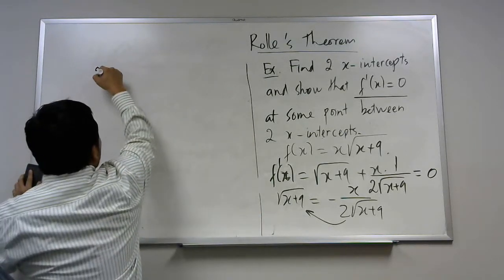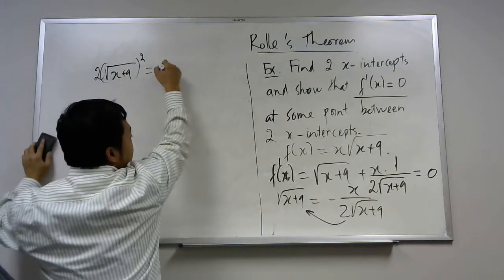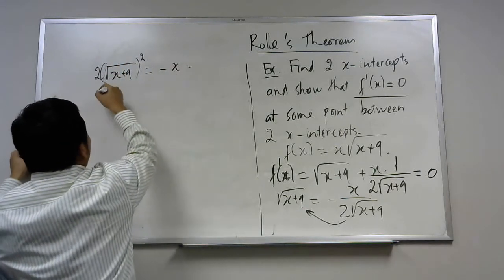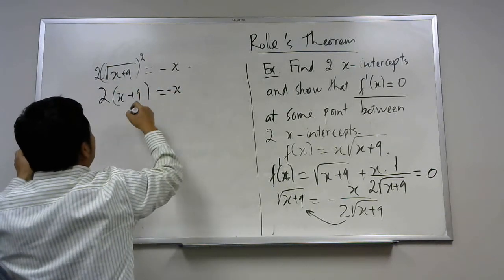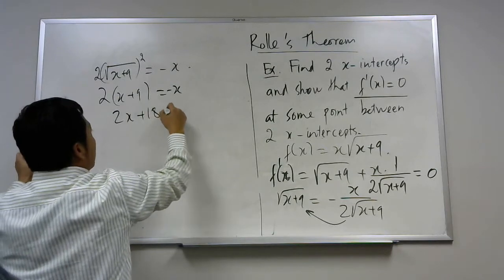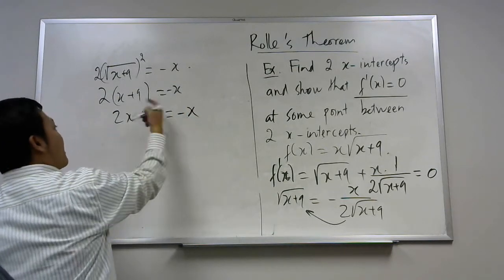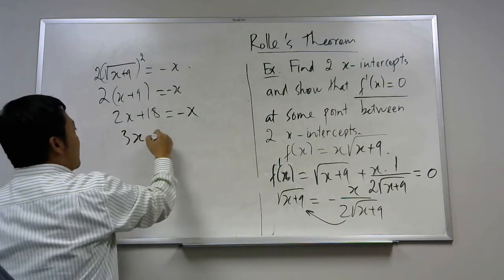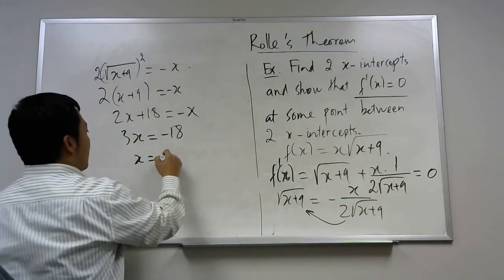I have 2 times the square root of x plus 9 squared equal to -x. But this is nothing but 2(x plus 9) equal to -x. I'll have 2x plus 18 equal to -x. So I bring x to this side, I have 3x equal to -18, right? So x is equal to -6.